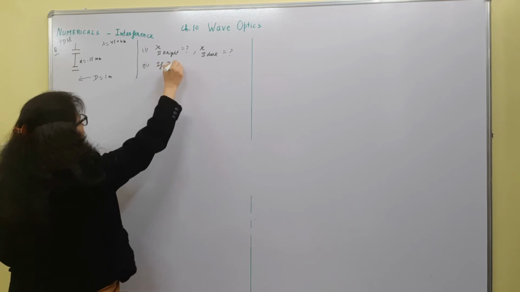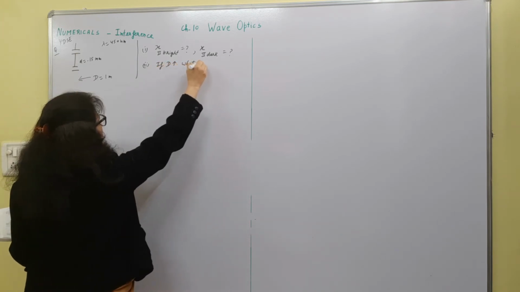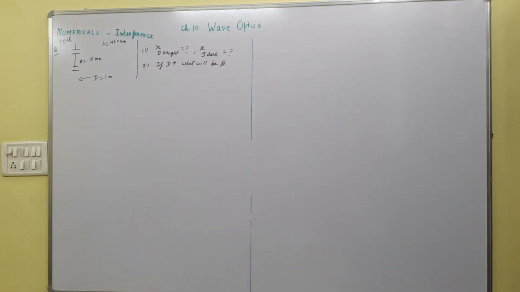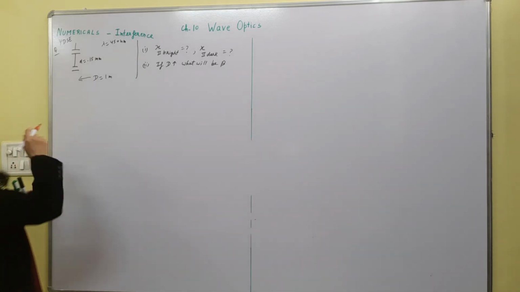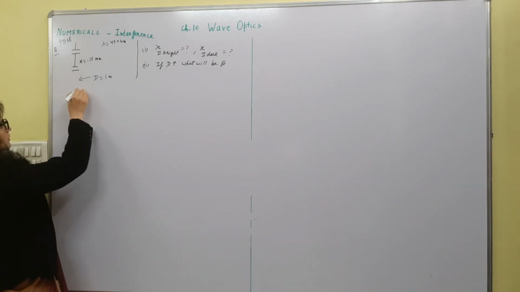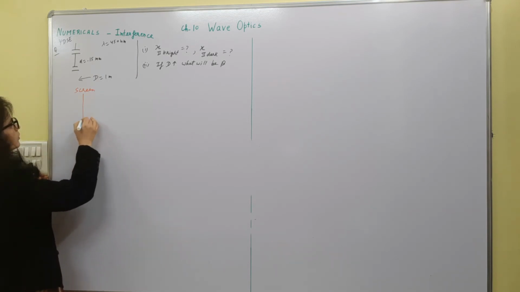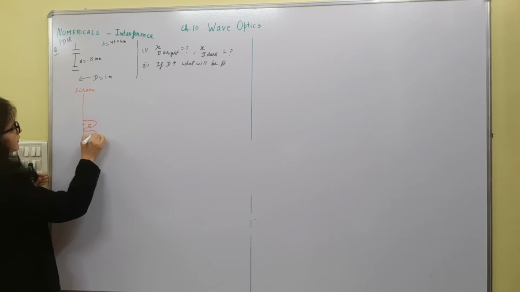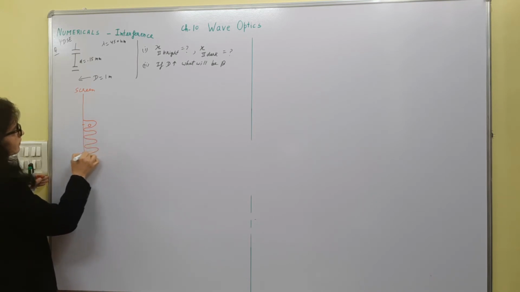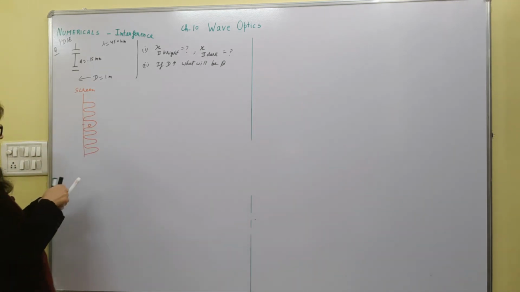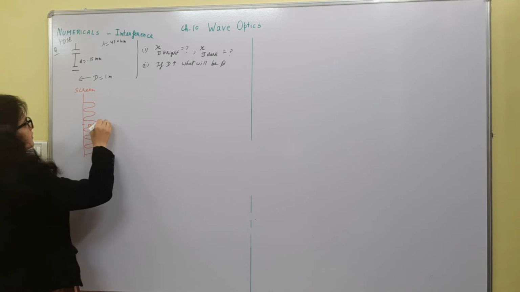If D increases, what will be beta? Now for such questions, we need to understand a small concept. We have studied that if this is the screen, and we have this center point O, here we have this bright and then equal width in case of interference, and this is your central bright.